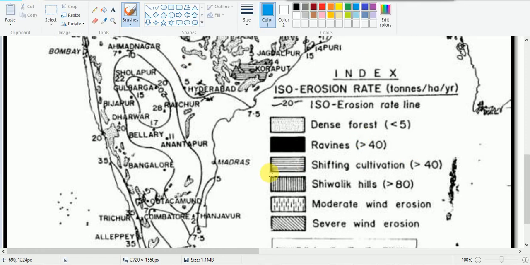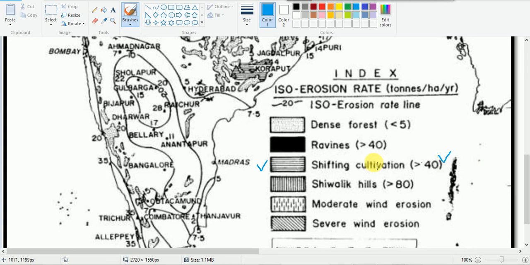Just see here, this set represents shifting cultivation. Okay, degradation of soil caused by shifting cultivation, and the rate of erosion is here in this case less than 40 tons per hectare per year. Okay, 40 tons of soil materials per hectare of land per year.